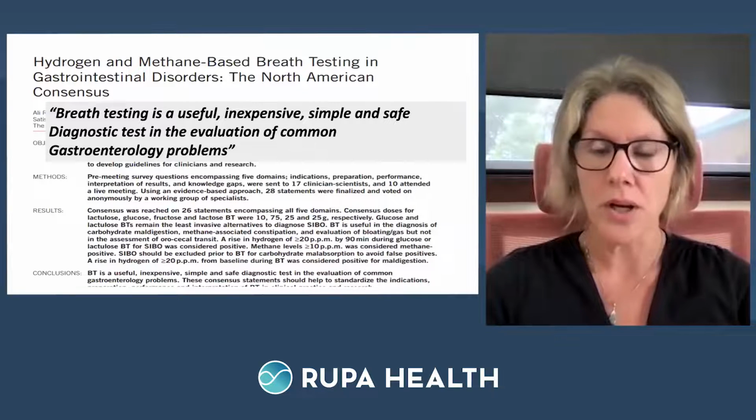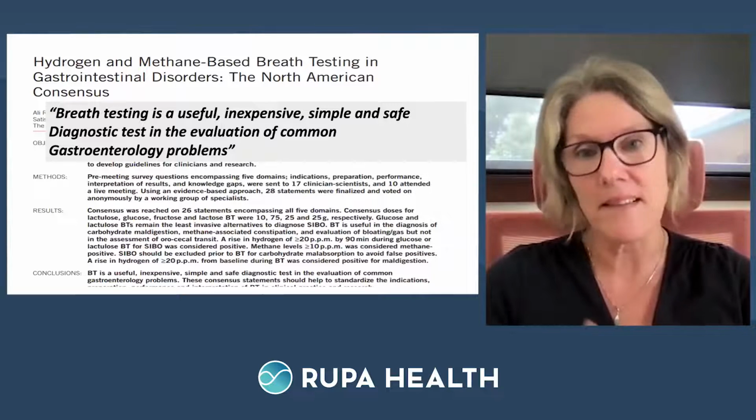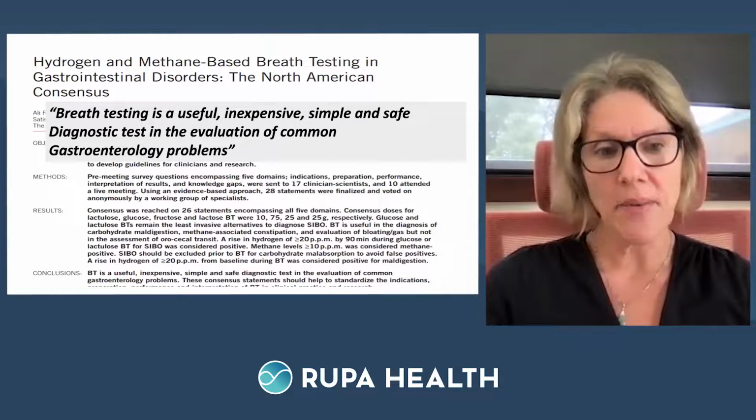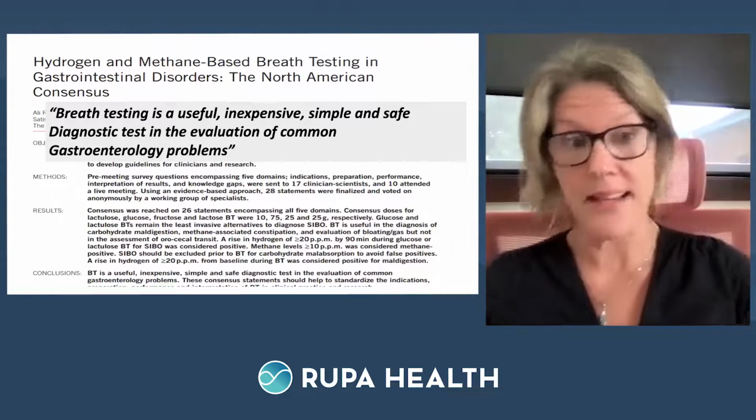That's still up for debate to some extent, but this gives us some guidelines as to how we should interpret breath testing.